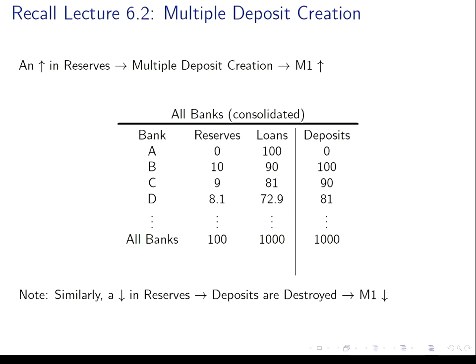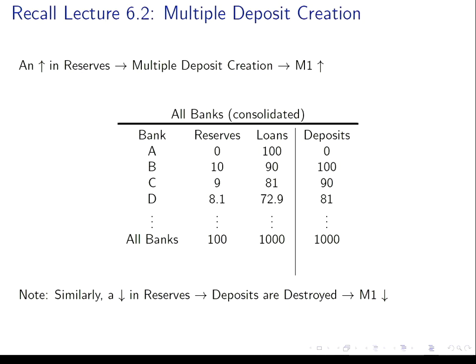And this is an upper bound, this is not real. You don't see these big money multipliers anywhere. This is a theoretical example. Can anyone explain to me why this is a theoretical, hypothetical example, and why we, in general, don't see such large money multipliers?